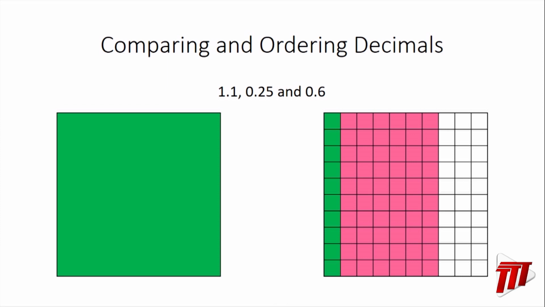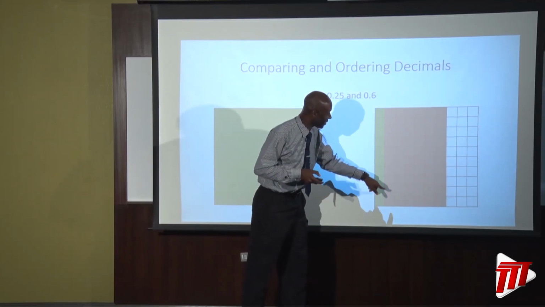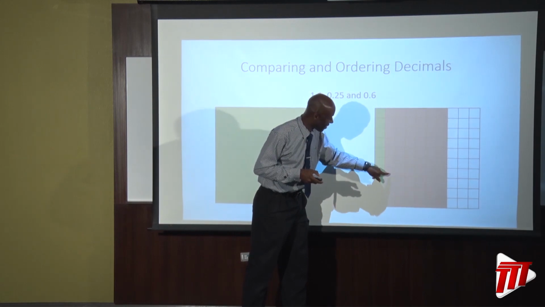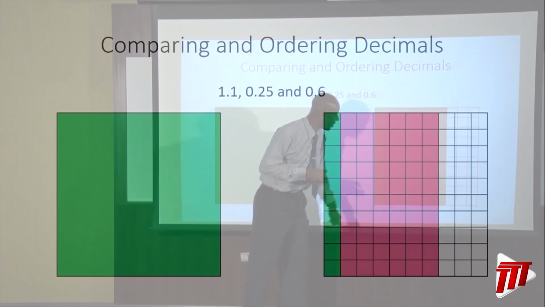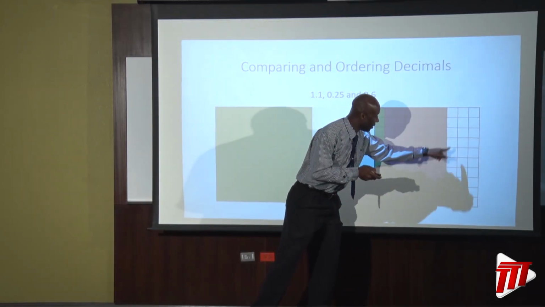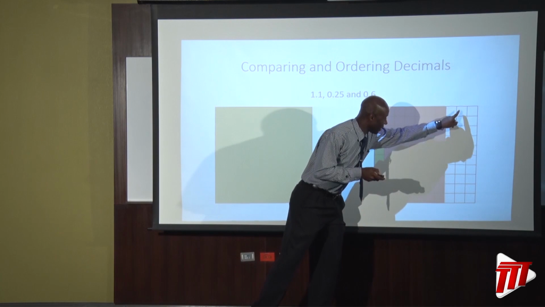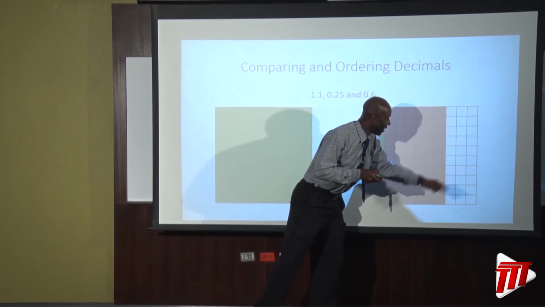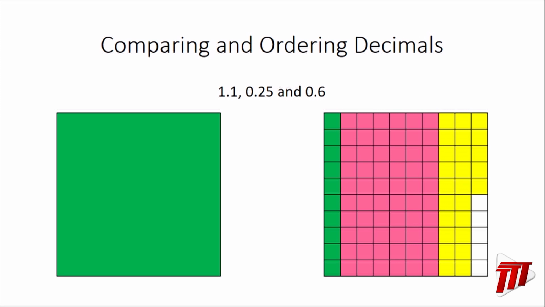Again, you can see that 1/10 is equal to 10 hundredths. So 25 hundredths is going to be 10 hundredths, 20 hundredths, 21, 22, 23, 24, 25 hundredths.